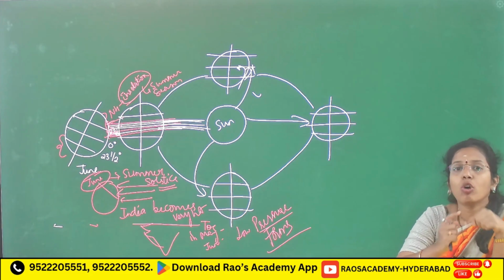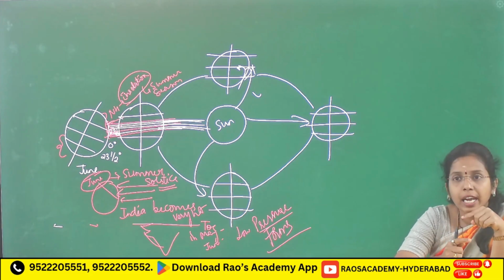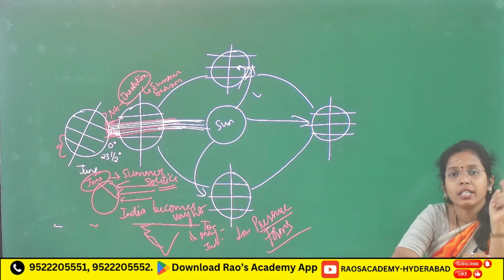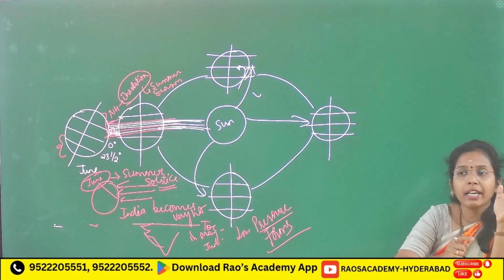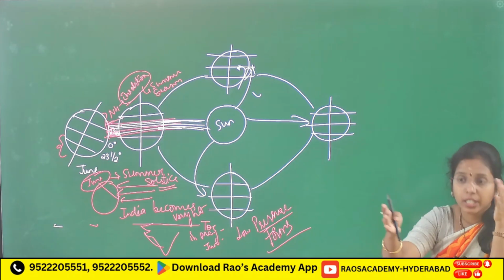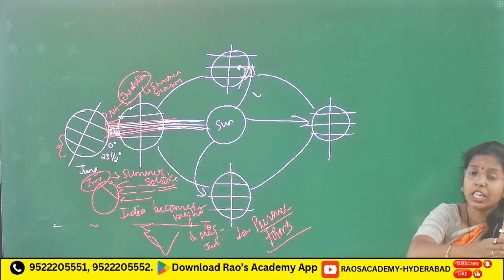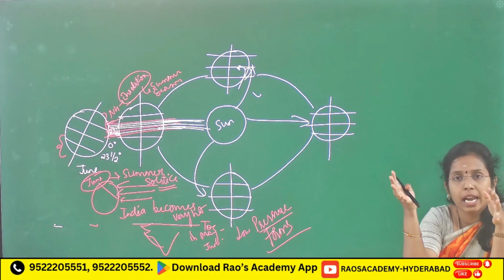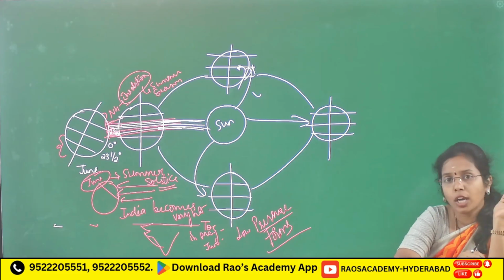You will see more landslides, more natural calamities, and those natural calamities you can interlink with disaster management. Like that we have to interlink GS1 with GS2 and GS3. Now we have interlinked GS1 with GS3, and based on those natural calamities we can frame policies.